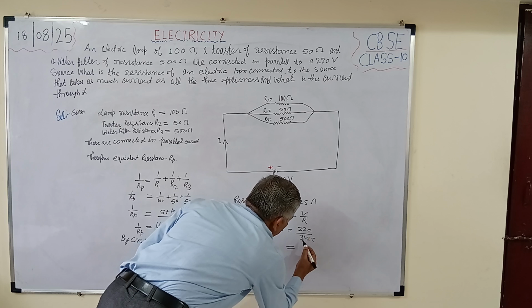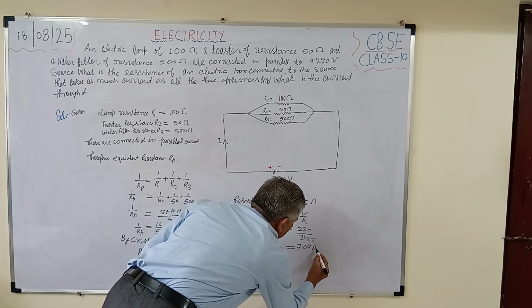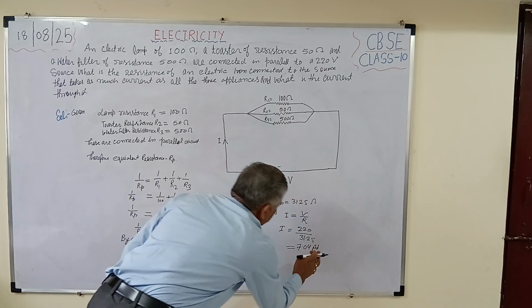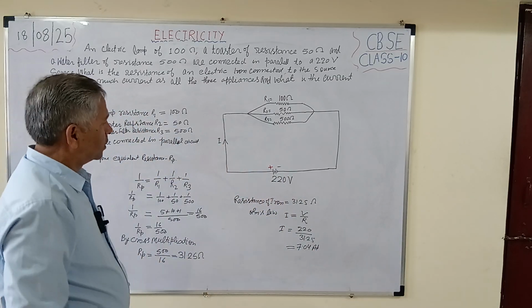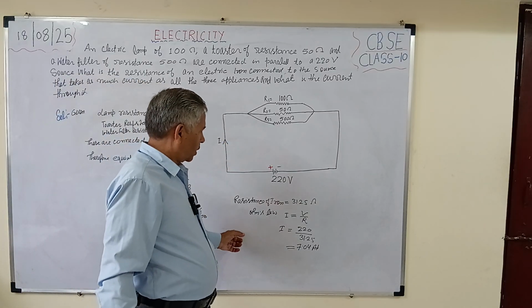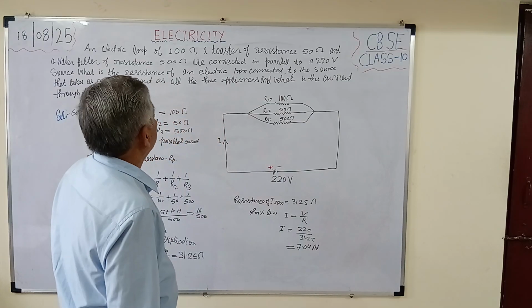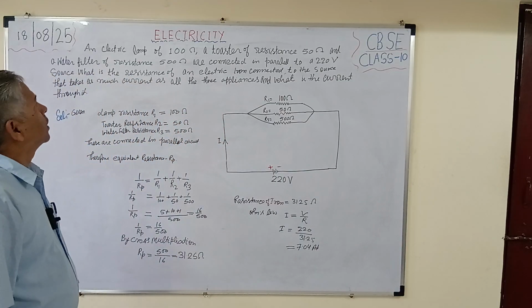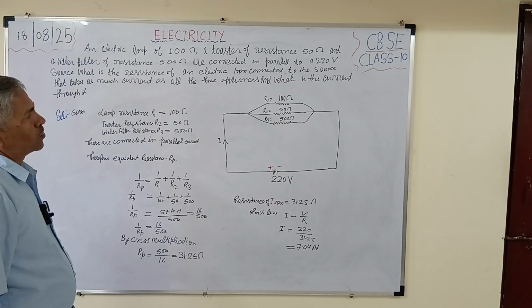Once we calculate it, we will get 7.04 ampere. So this is the current that will flow through the circuit, that is 7.04 ampere. In this way the question can be solved, where there are three appliances connected in parallel.